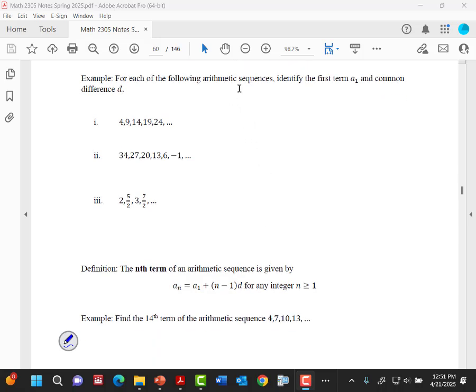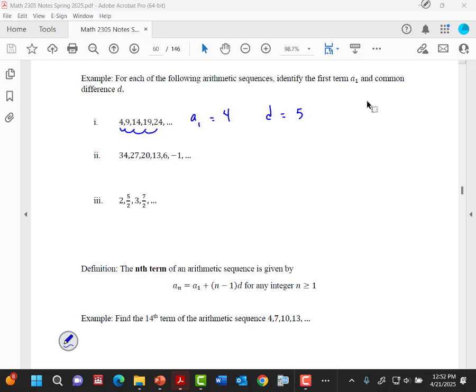So for the following arithmetic sequences, identify the first term a1 and the common difference d. So these are very straightforward. For this first one right here, a1, the first term, is 4, and the common difference d is simply 5. That is the difference between terms in this sequence, so very straightforward.